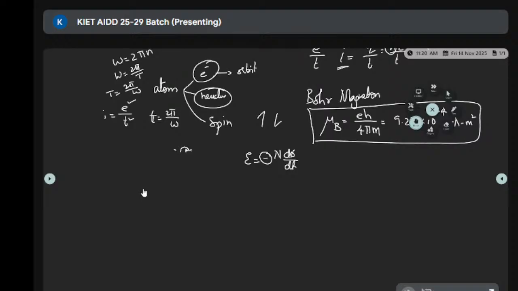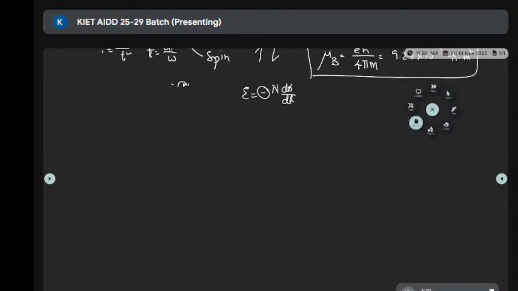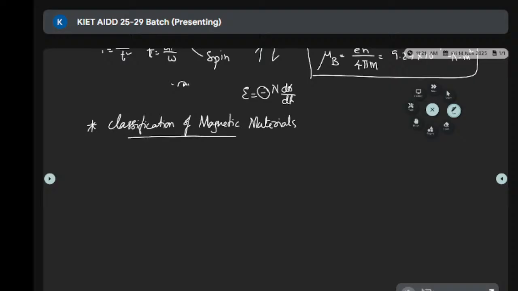Okay, classification of magnetic materials.